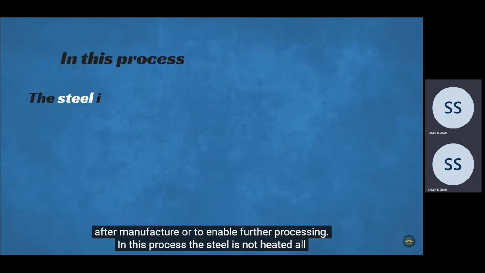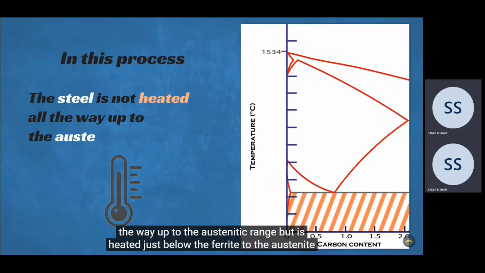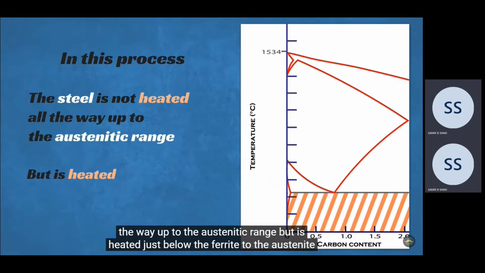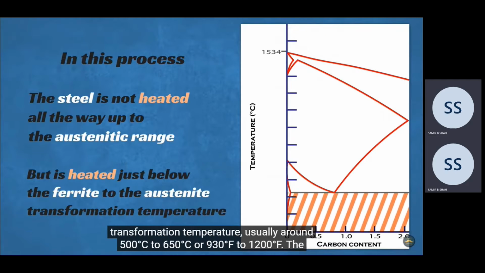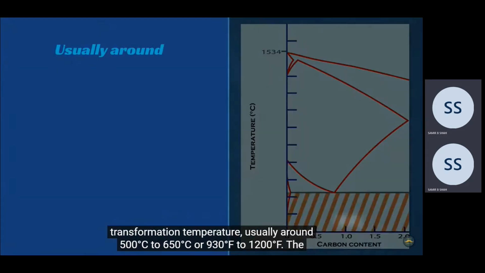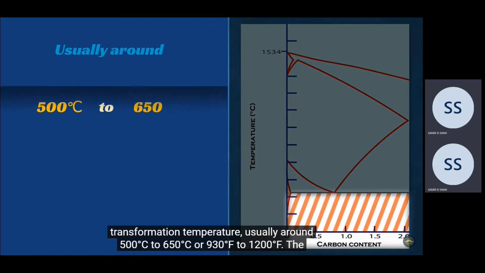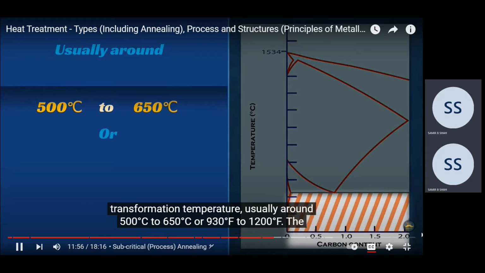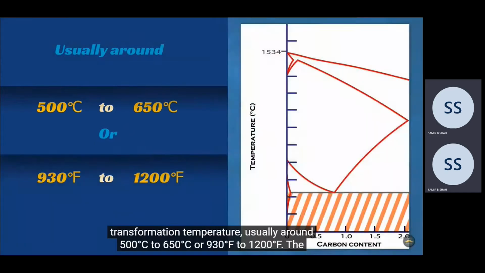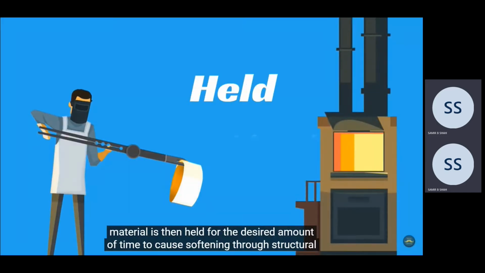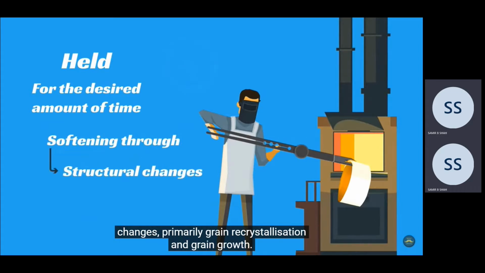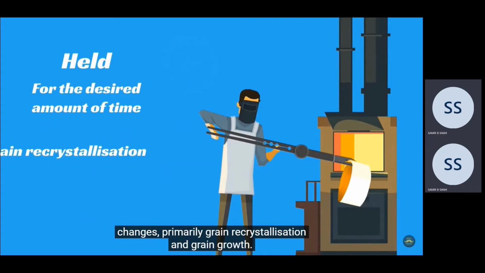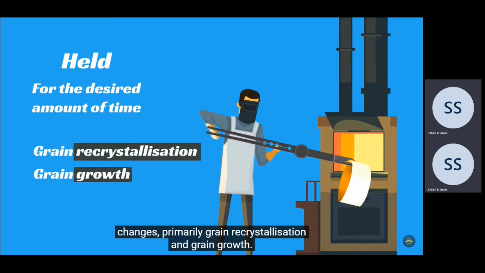In this process, the steel is not heated all the way up to the austenitic range, but is heated just below the ferrite to austenite transformation temperature, usually around 500 to 650 degrees Celsius or 930 to 1200 degrees Fahrenheit. The material is then held for the desired amount of time to cause softening through structural changes, primarily grain recrystallization and grain growth.